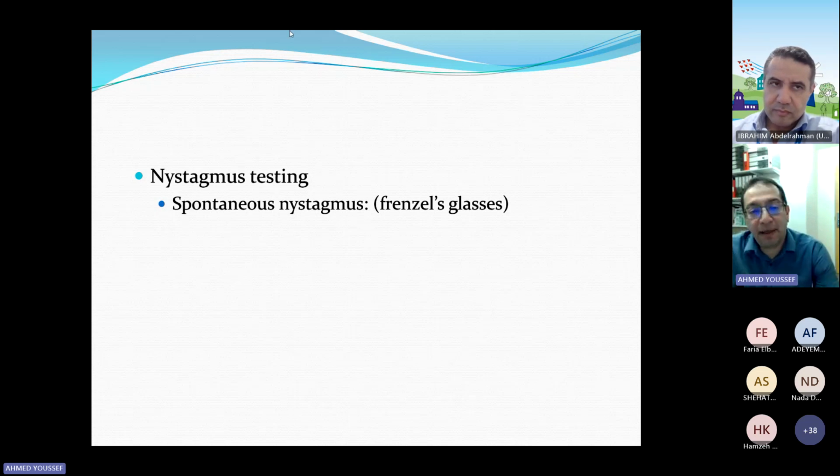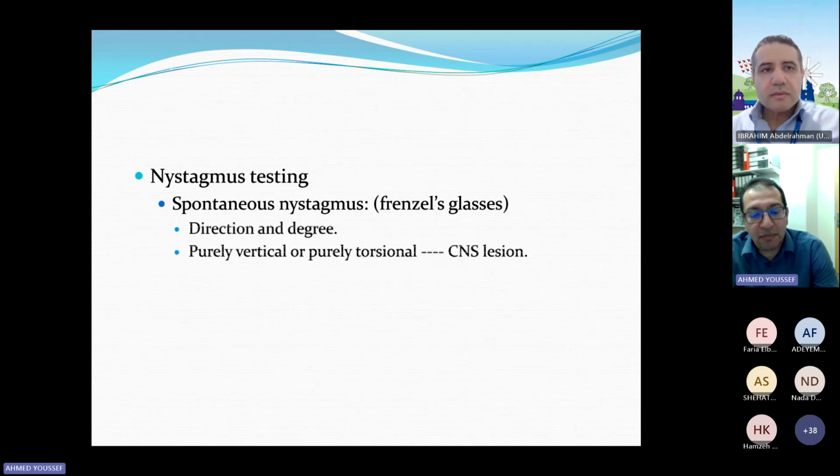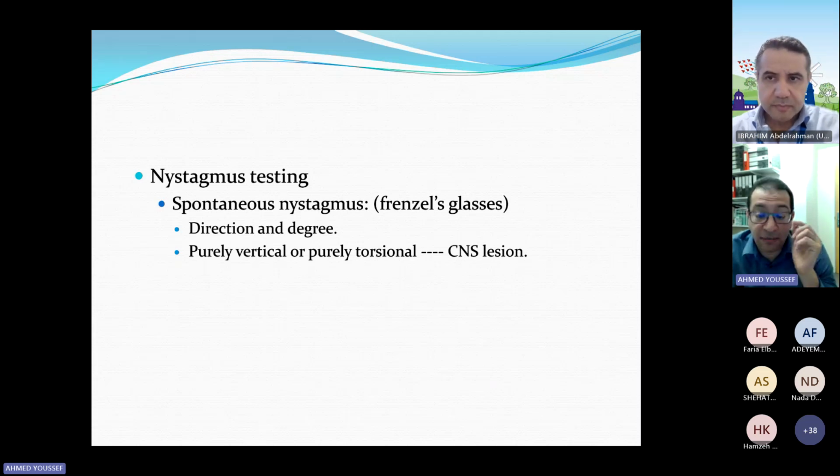I know it's not available everywhere, but there are very cheap Frenzel-like glasses you can get from Amazon. They are not the best, I have to say, but they still do the job, and they are cheap as well. Basically, when you look at spontaneous nystagmus, if you find it, you want to identify the direction of the nystagmus and the degree of the nystagmus.